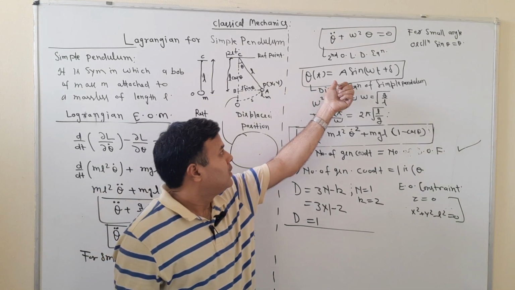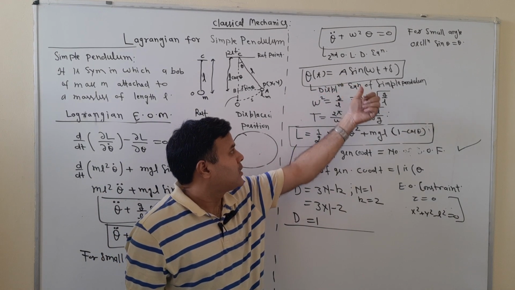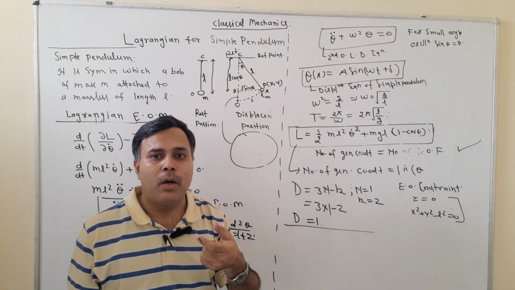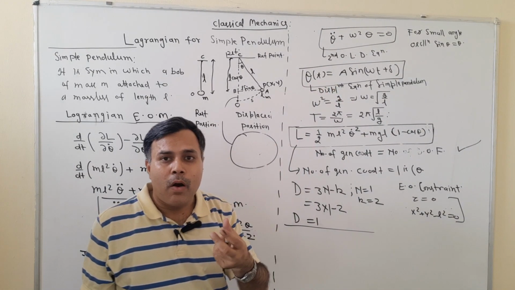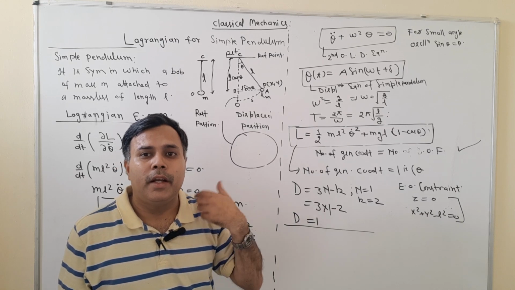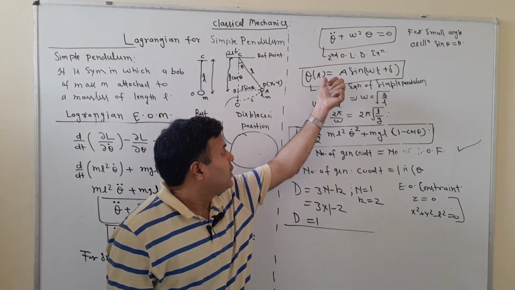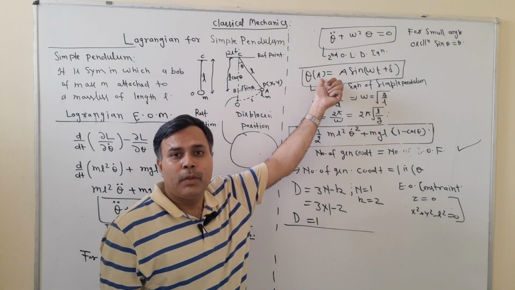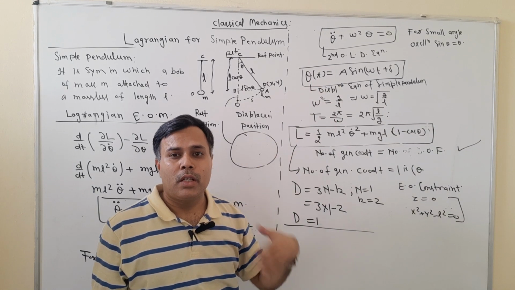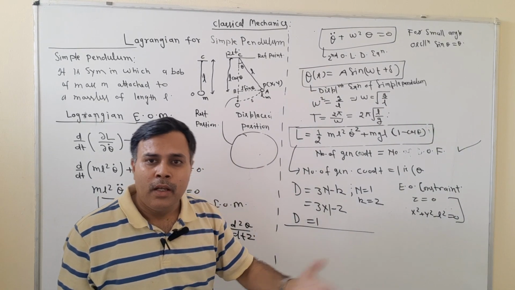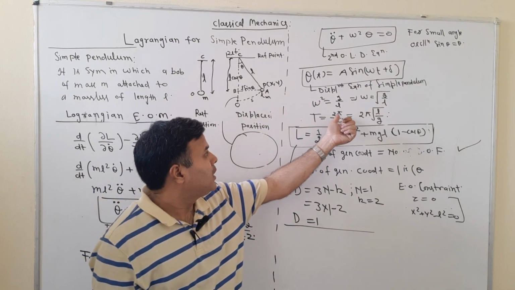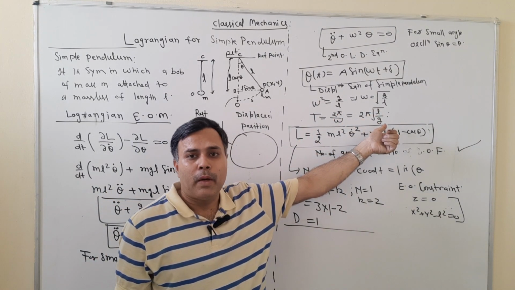The solution tells us the instantaneous position of our pendulum, that is, the displacement of the bob at t equal to 0 and at any later time t. Once we know this angular displacement, we can find angular velocity, angular acceleration, angular momentum, and a lot of mechanical parameters. And the time period is 2 pi under root L by g.